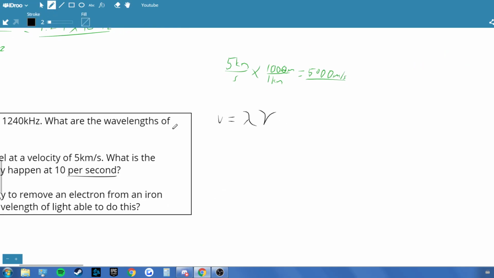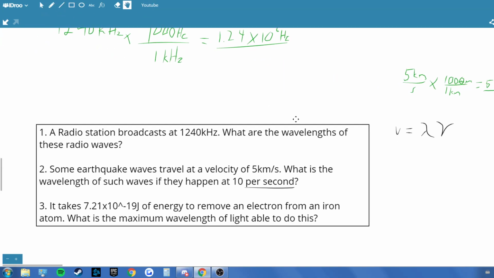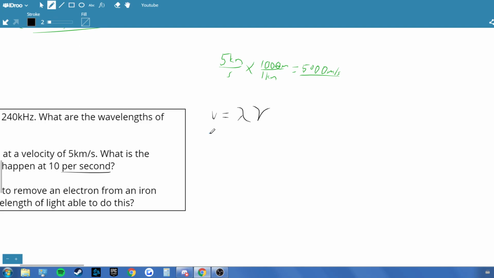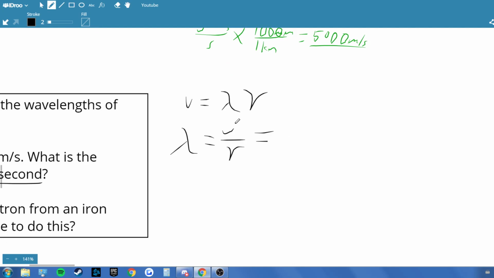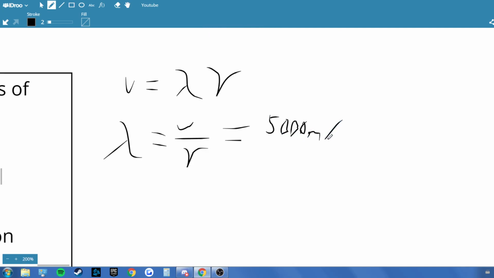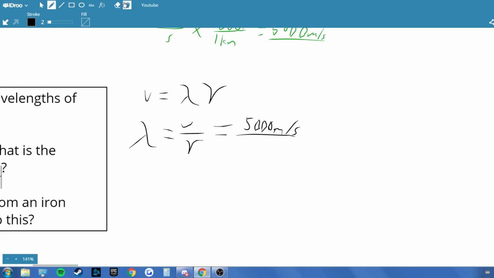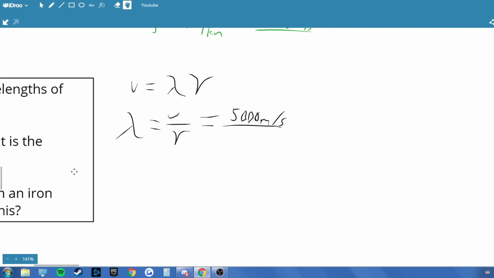So let's rearrange our formula. We're looking for wavelengths. So we have lambda equals v over nu equals our v, which was 5,000 meters per second, divided by our frequency, which we had 10 per second, so 10 s exponent negative 1.